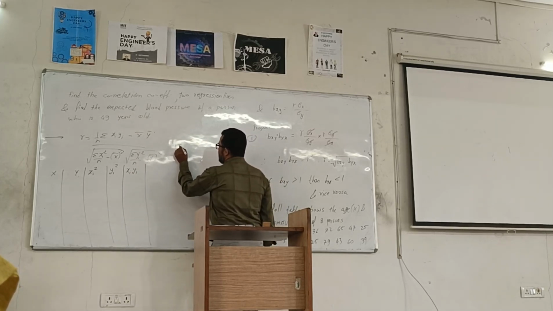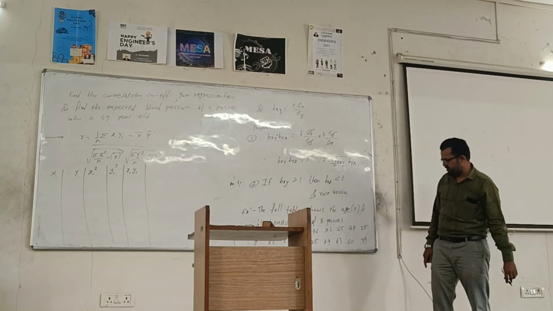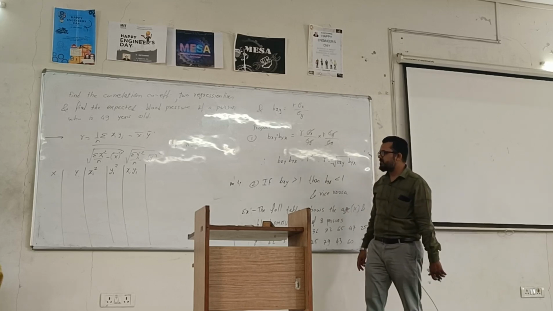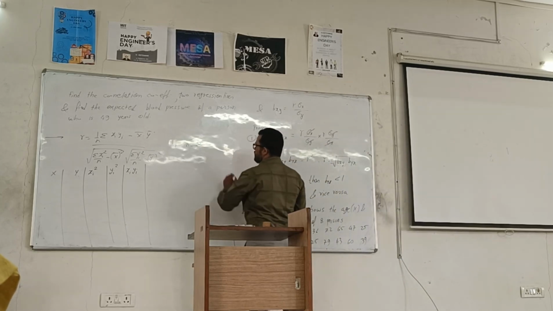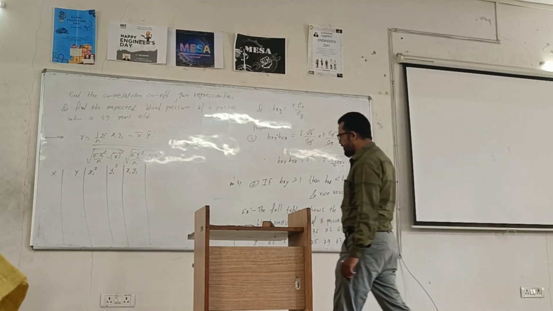Here, what is n? Can you tell me what is n? Total number of observations. How many observations are there? 1, 2, 3, 4, 5, 6, 7, 8. Observation of 8 people. 8. Let us find the data.